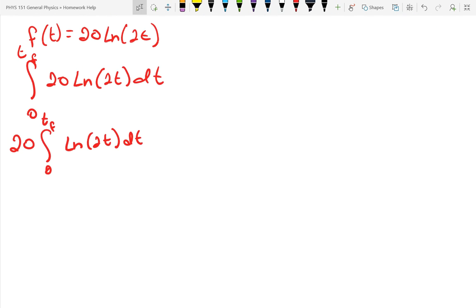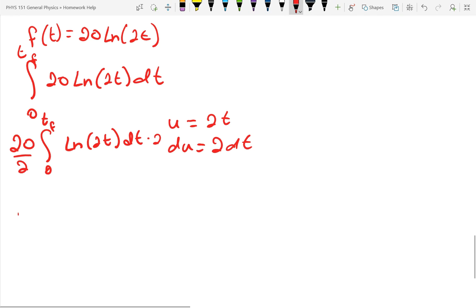Is that okay? Do what you need to do. Which means I have to multiply by 2 and divide by 2 to get this.